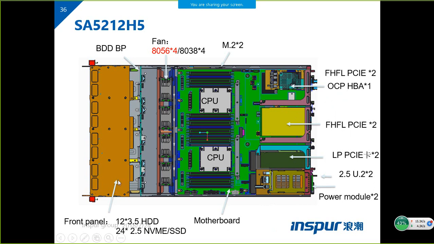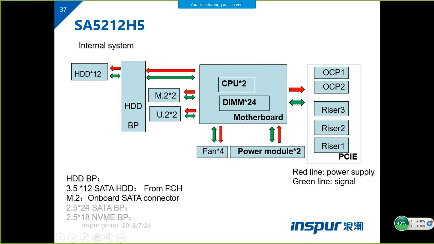And here we can have almost 24 2.5-inch hard drives, NVMe or SSD. And this is the internal system, how it works with the CPU and memory of this server.